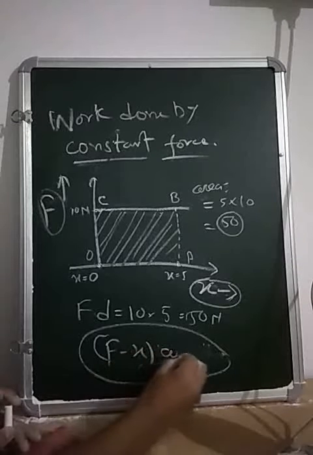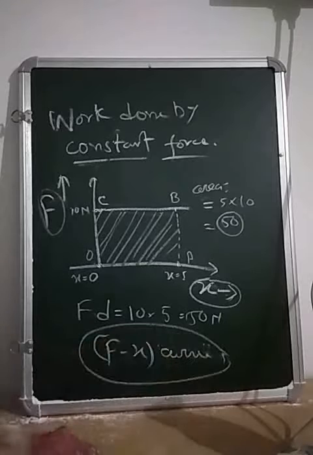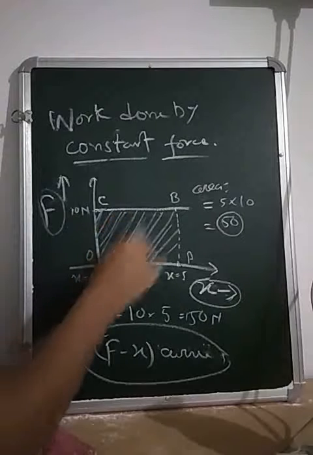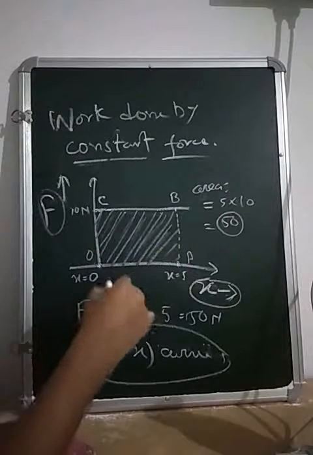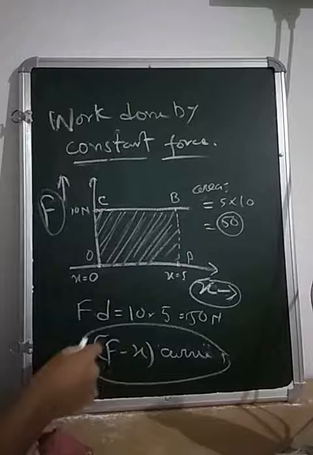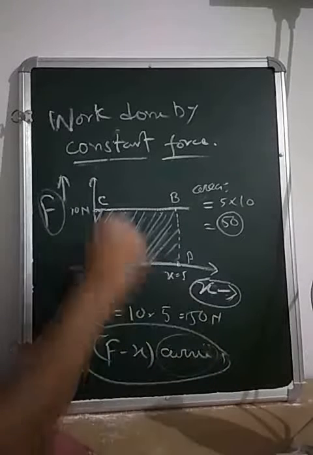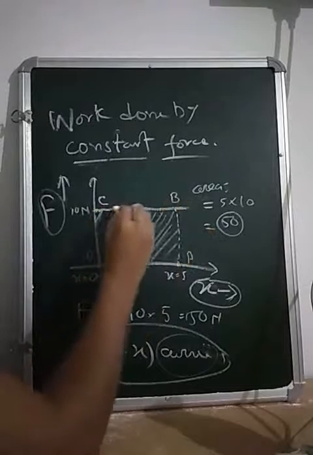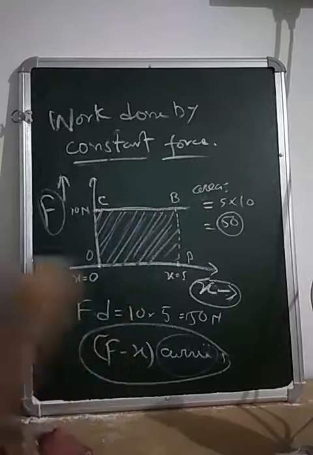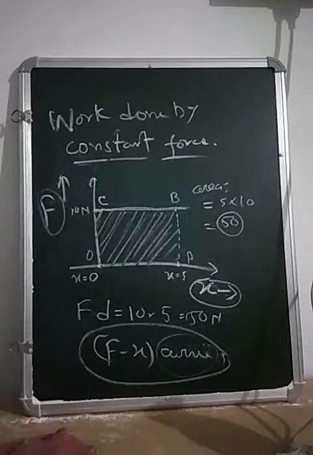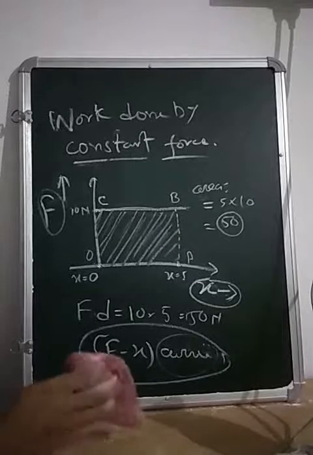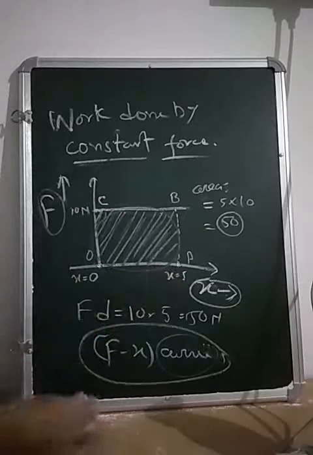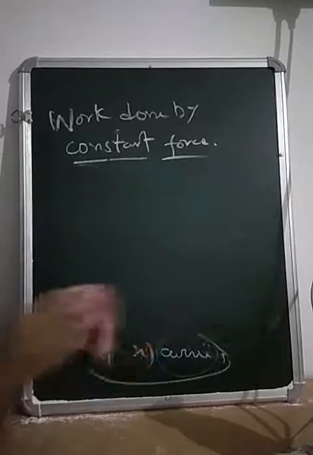If you see the graph, work done is the area of this rectangle. So graphically, work done is nothing but the area under the Fx curve. For constant force, F is a straight line parallel to the x-axis, parallel to the displacement axis. So this is the case for constant force.